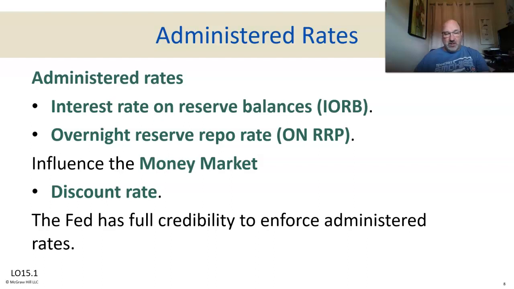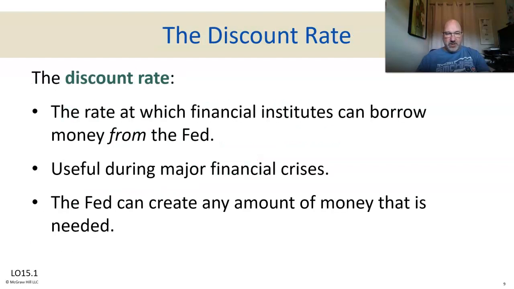There you go. So discount rate is basically the rate that the Fed charges member banks to borrow money from the Fed. That is the last place anybody wants to go for money. And so the Fed has full credibility to enforce these administered rates. The discount rate is the rate at which financial institutions can borrow money from the Fed.